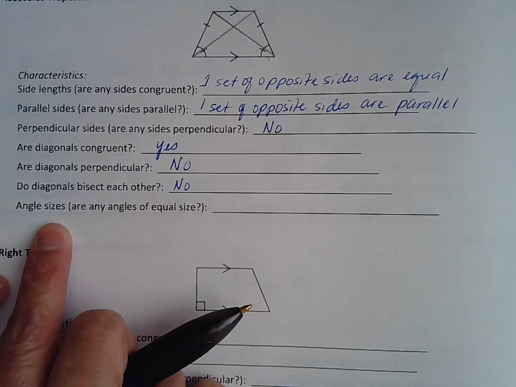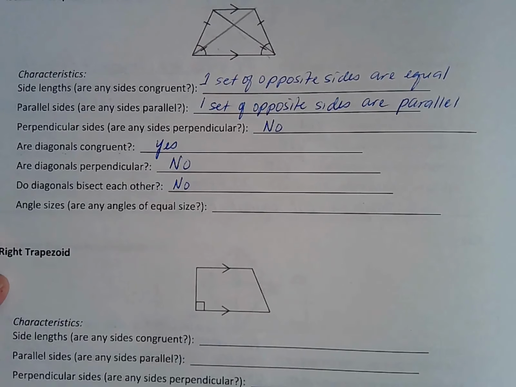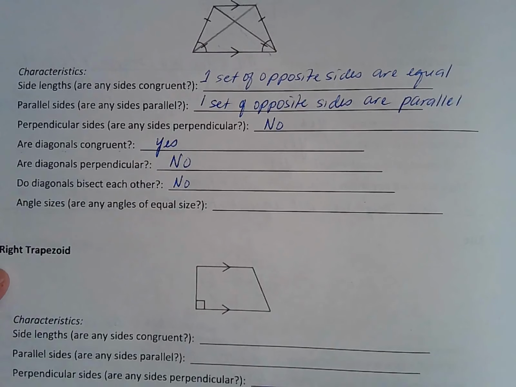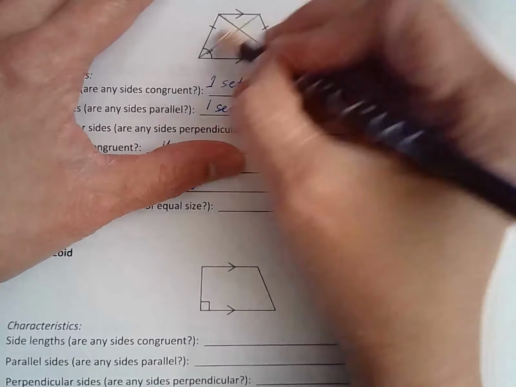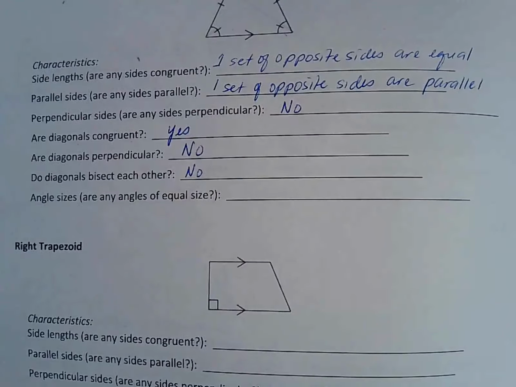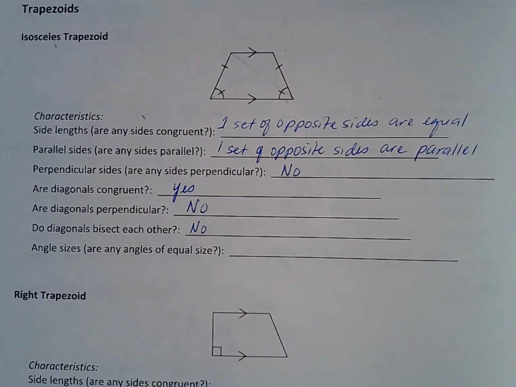Any angles that are equal? Any angles that are equal? I'm gonna erase this part here. You can probably see it better. Do you see any angles that are equal to each other? Yes.